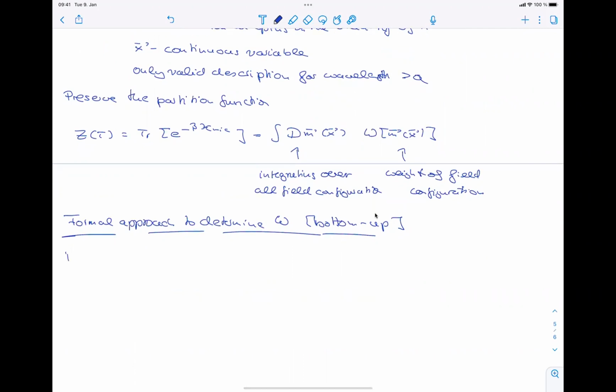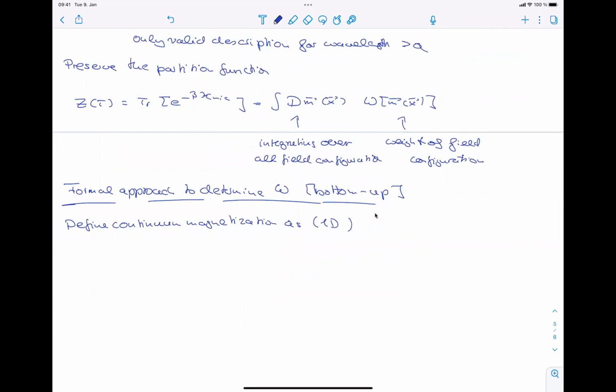So we can define the continuum magnetization. Just to give the example, I'm going to confine myself to a one-dimensional system again. Since it's 1D, it doesn't have a vector. So I'm summing over the volume of the system.